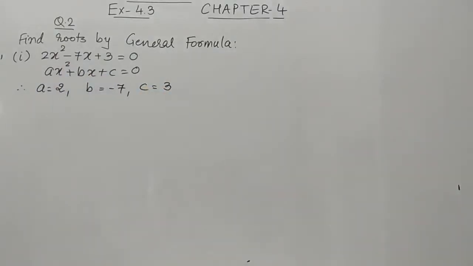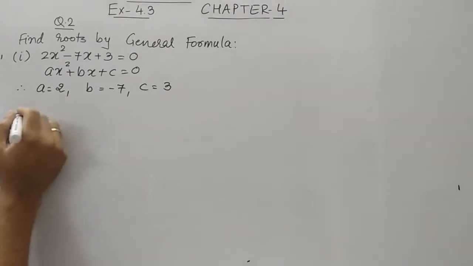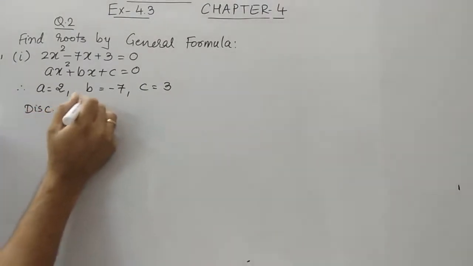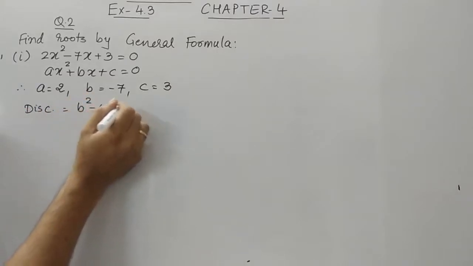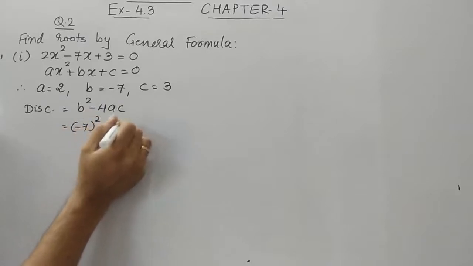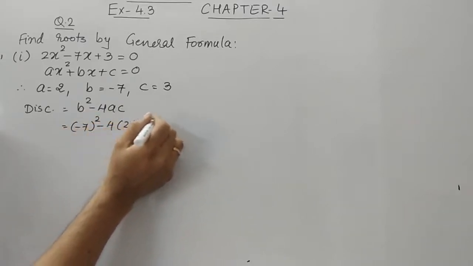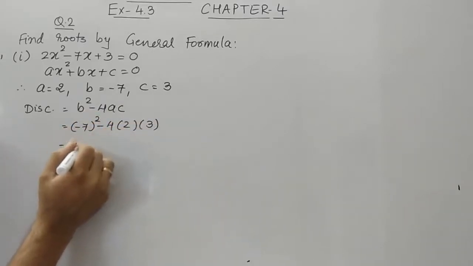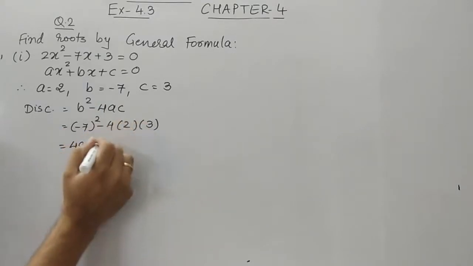So now let's find out the value of discriminant as we discussed. Discriminant is b square minus 4ac. So the value of b is minus 7, and 4, a and c. Square of 7 is 49. 4 times 6 is 24.